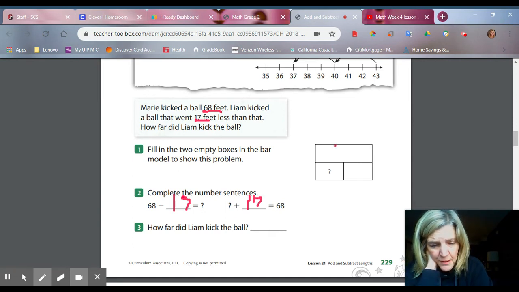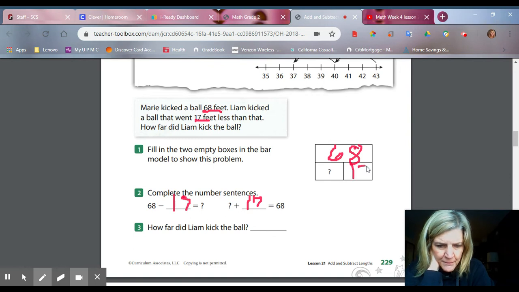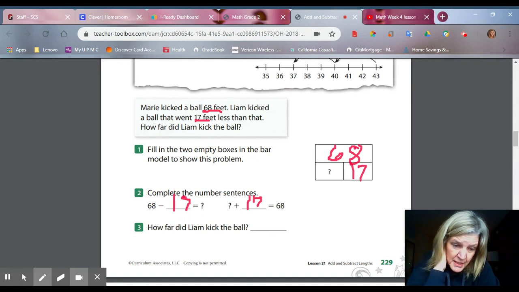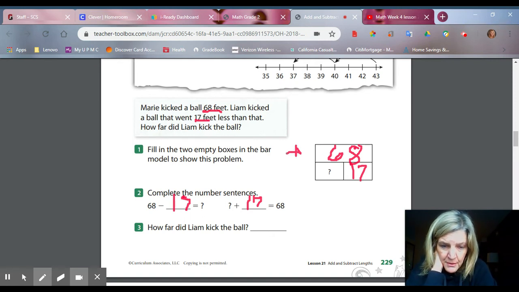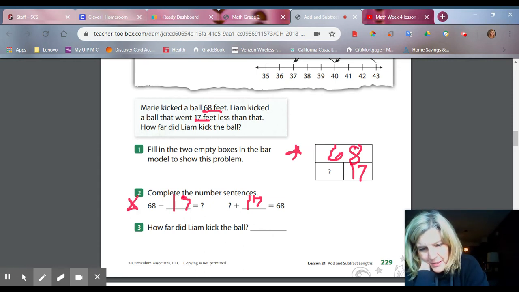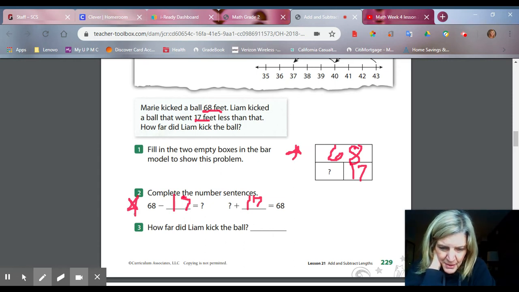So how far did Liam kick that ball? What are you going to do to figure it out? Do you want to do 68 take away 17 in the bar model? Do you want to do 68 take away 17 in the equation? Do you want to do something plus 17 equals 68 and count up?